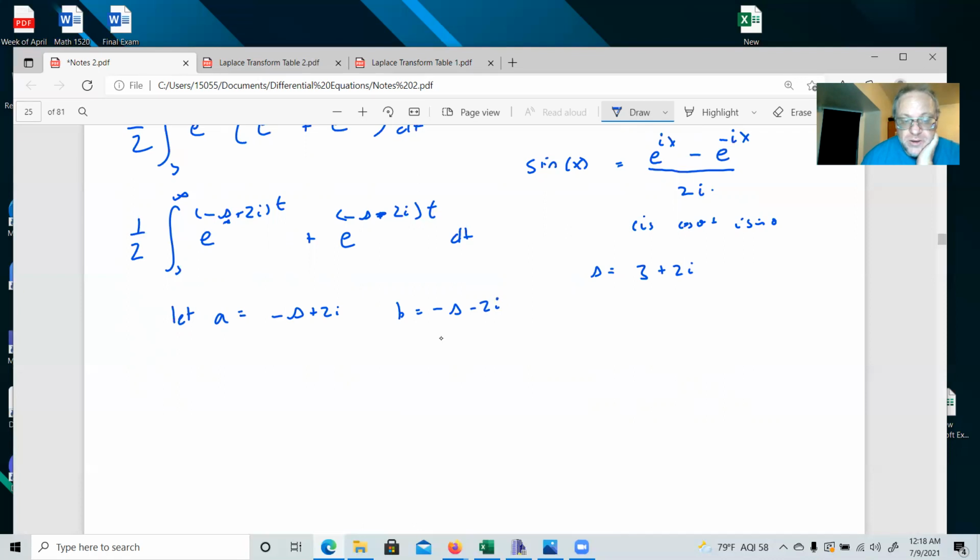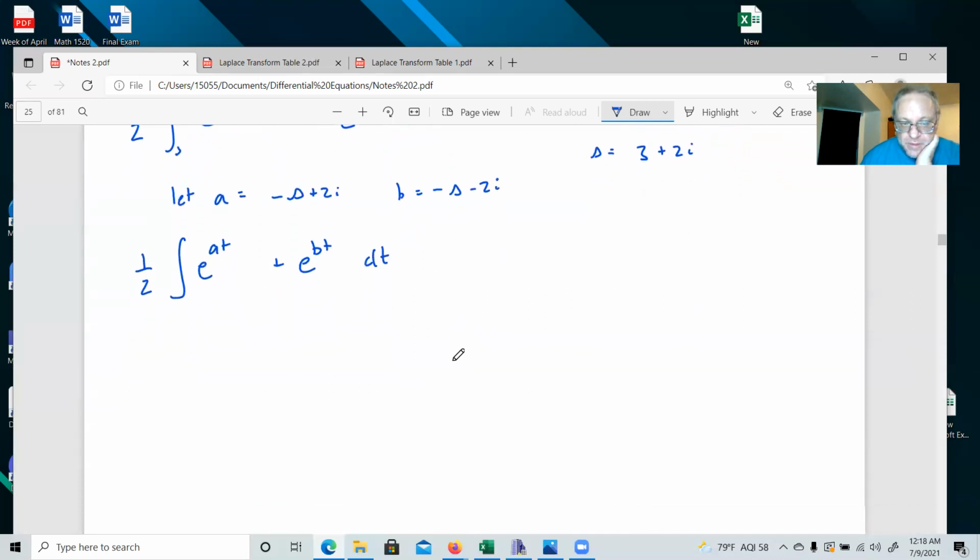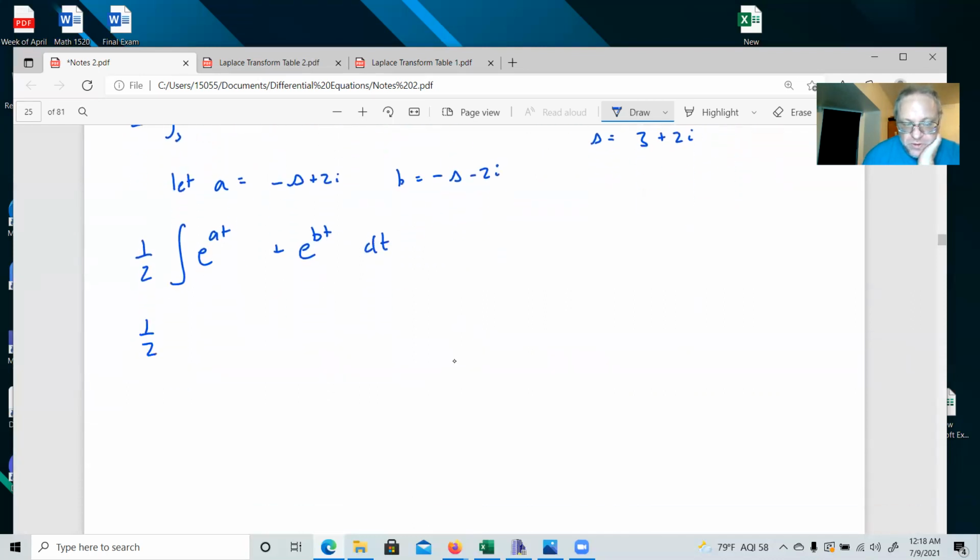Okay, so this is going to be 1/2 integral of e to the at plus e to the bt, dt. And we're going to end up with 1 over 2, and then we have 1 over a e to the at, plus 1 over b e to the bt.